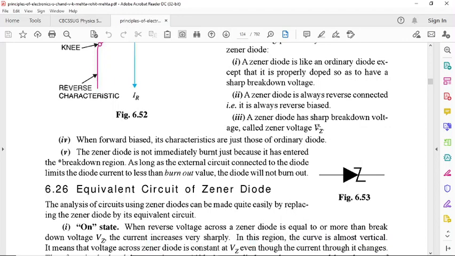A Zener diode has a sharp breakdown voltage called Zener voltage Vz. When forward biased, its characteristics are just those of an ordinary diode. The Zener diode is not immediately burned just because it has entered the breakdown region, as long as the external circuit connected to the diode limits the diode current to less than the burnout value. The diode will not burn out.